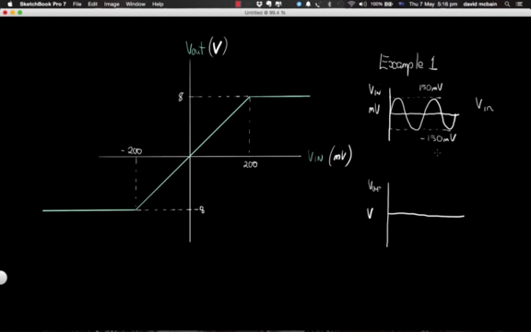The best way to do this is to look at the peak-to-peak voltage. The peak-to-peak voltage is that distance there. So V peak to peak is equal to 300 millivolts.